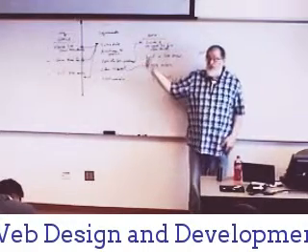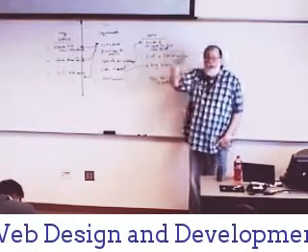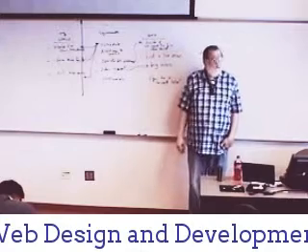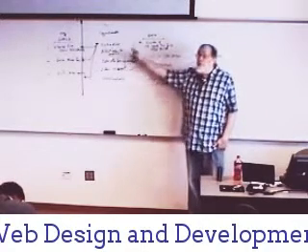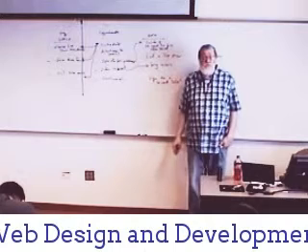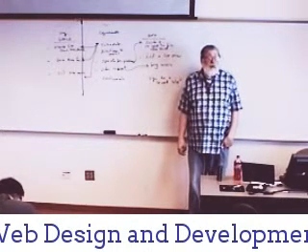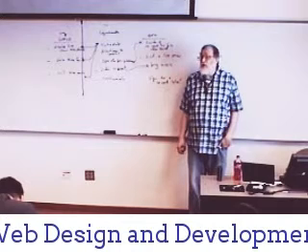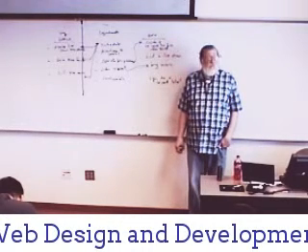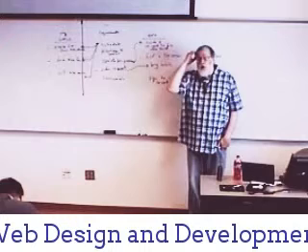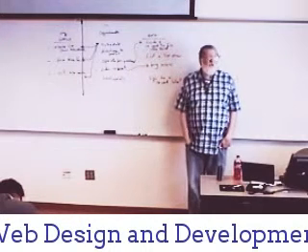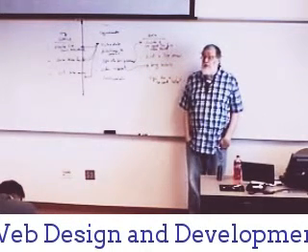In fact, I would suggest putting them on a sheet of paper and drawing the lines, just like I did here. All right, so every requirement should match up to one goal. The flip side is also true. Every goal better have at least one requirement associated with it. So, if that's not the case, then you need to go back and rethink and make sure that your goals and your requirements do line up correctly.